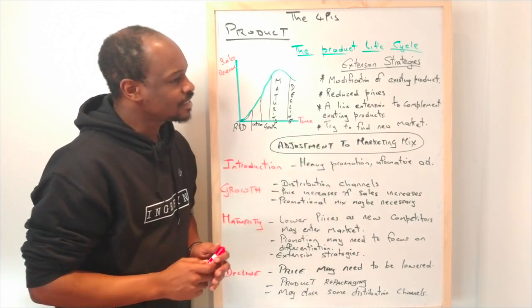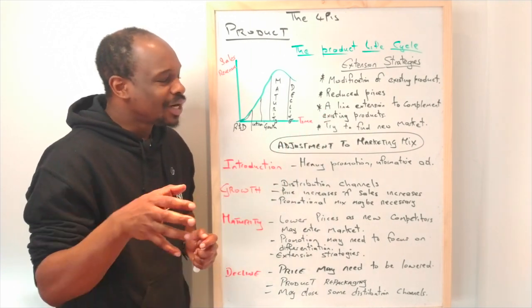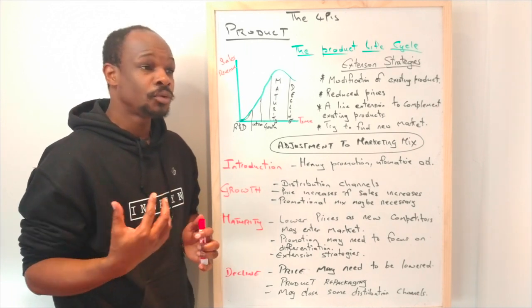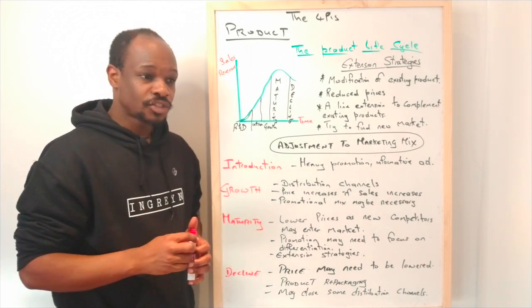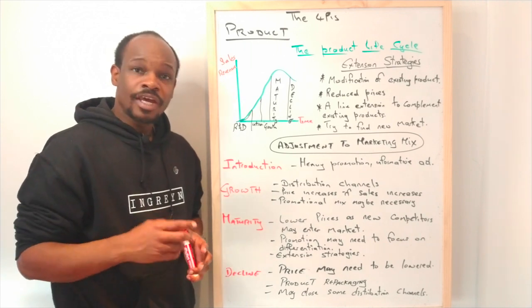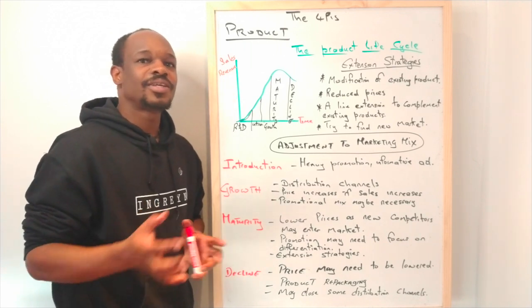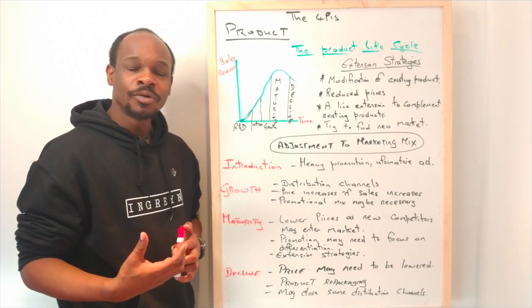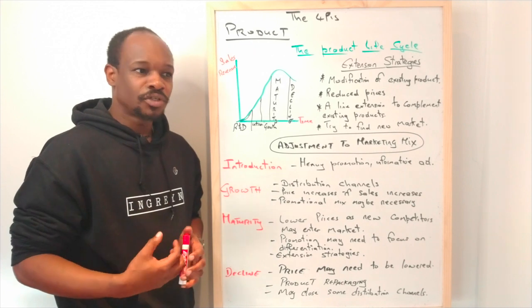Also, a line extension to complement the existing products. As I mentioned before, you have one thing, you do something else. So let's say you're advertising a book, for example, then what you could do is to have a study guide with the book. So you help those who will be actually using your book.